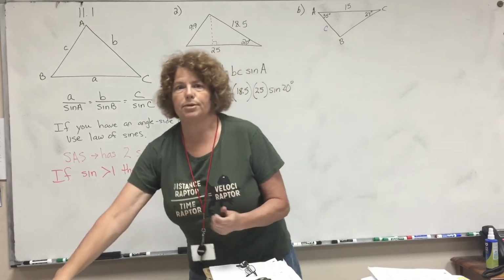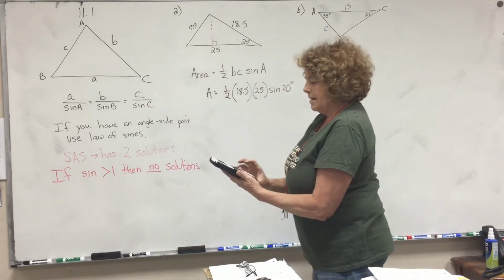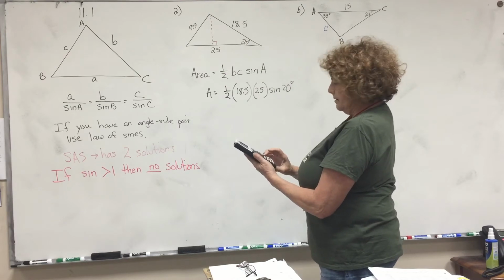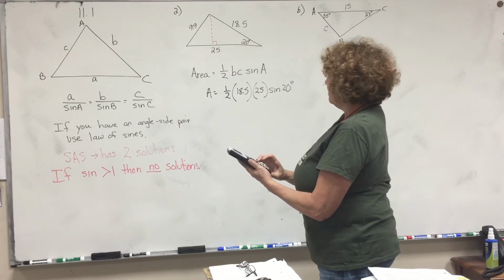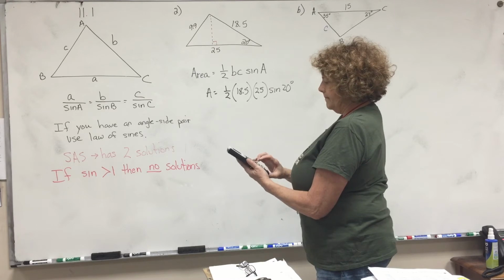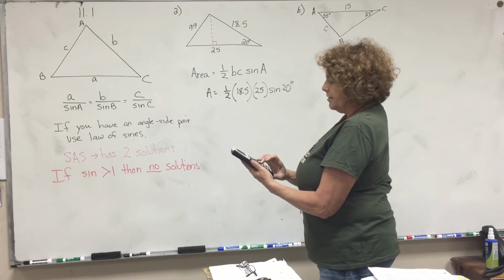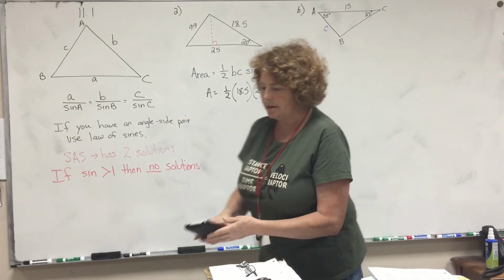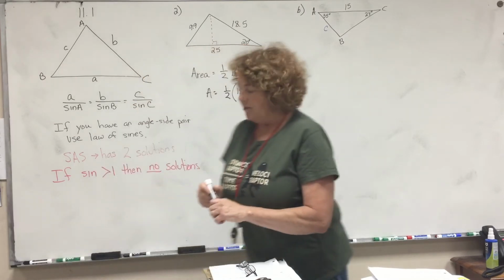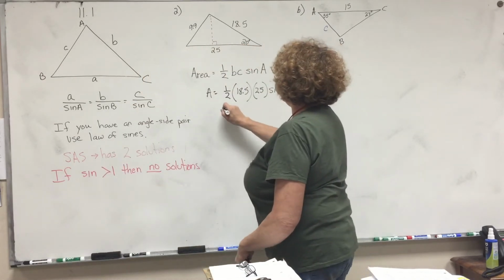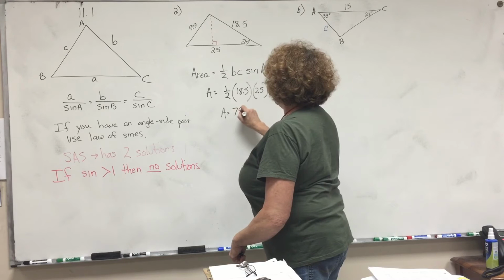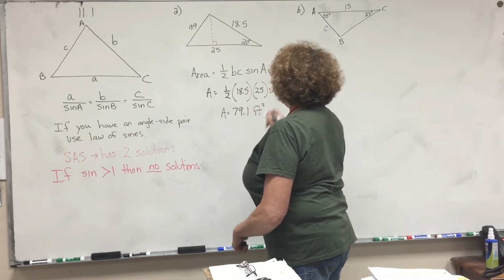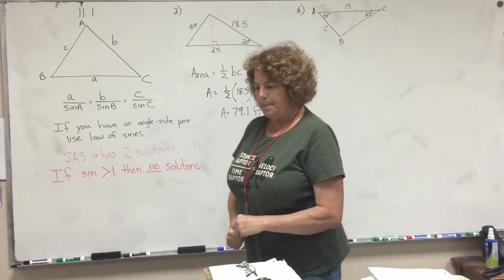Let's put that in our calculator, and make sure your calculator is set on degrees. It's 79.1, so the area is 79.1 square feet, or whatever units they gave.